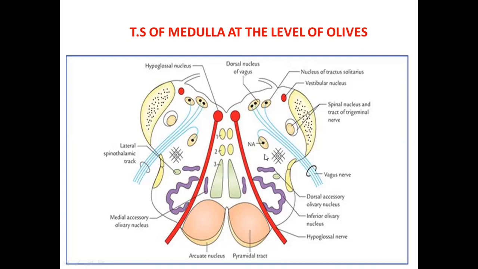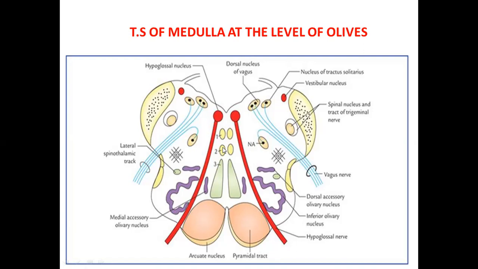Then on the other side of the midline, or we say the paramedian region, from dorsal to ventral, we have the medial longitudinal fasciculus. Then the tectospinal tract, number 2.